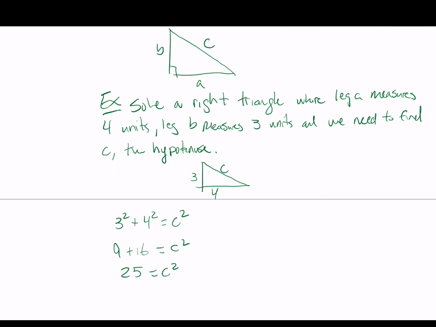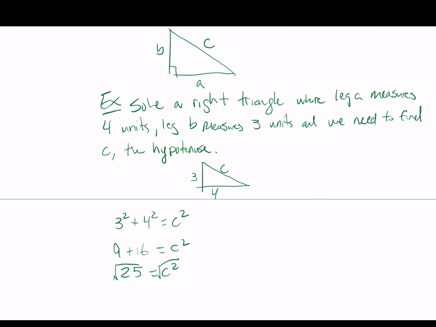We go back to using the square root property. We can take the square root of both sides. Now, normally, in every case that we've done, you've done the plus or minus on the square root of the number.